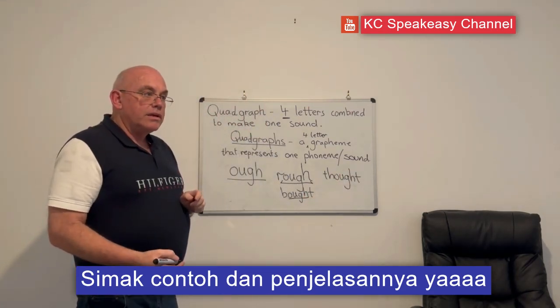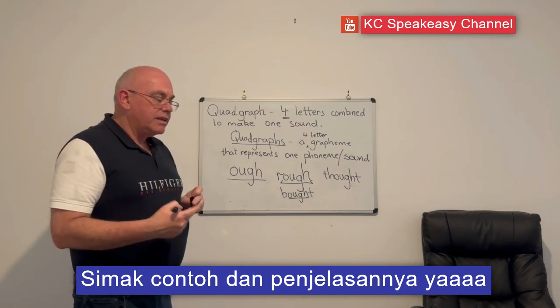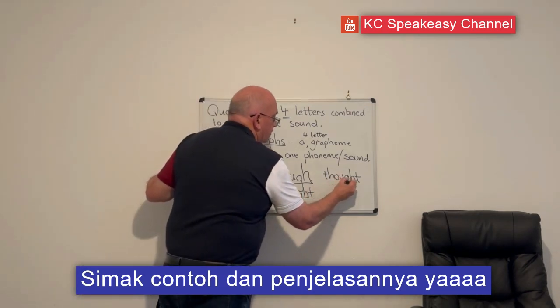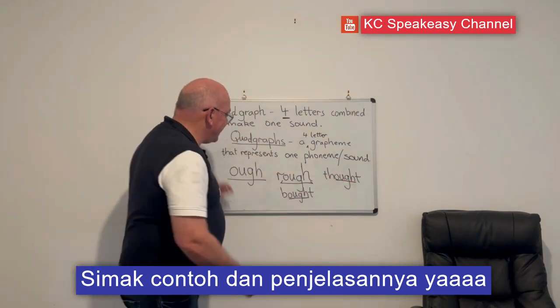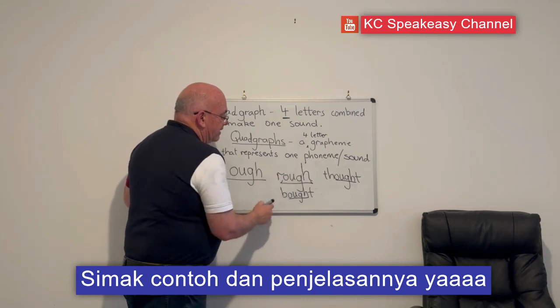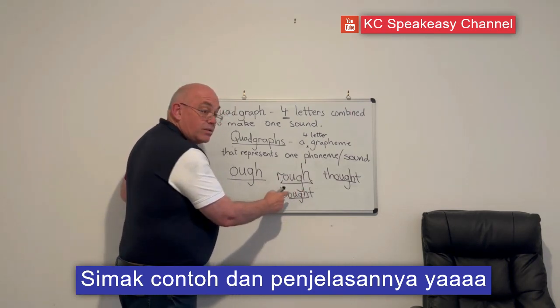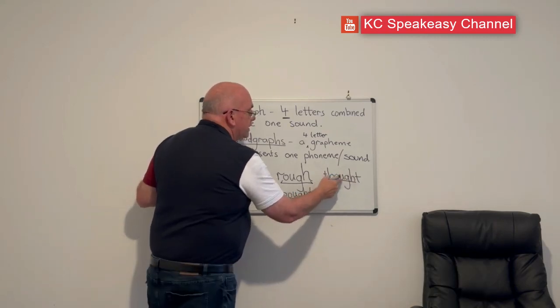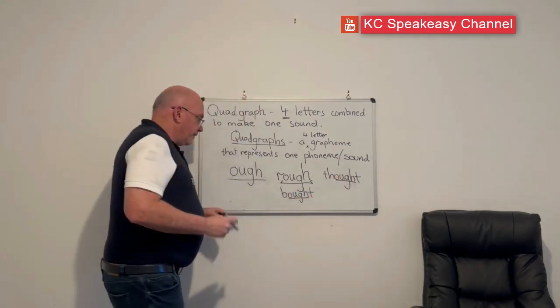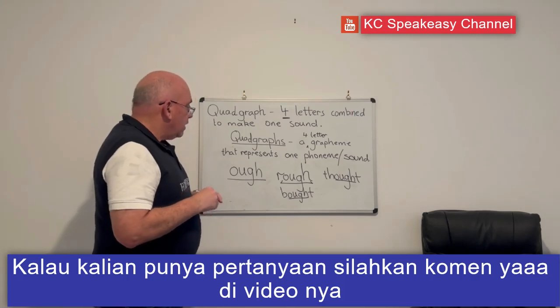I thought about that movie that I saw. I thought it was good. I thought it was a good movie. So you can see here, it's at the end. Here, it's in the middle. And here, the quadraph is in the middle. There we go.